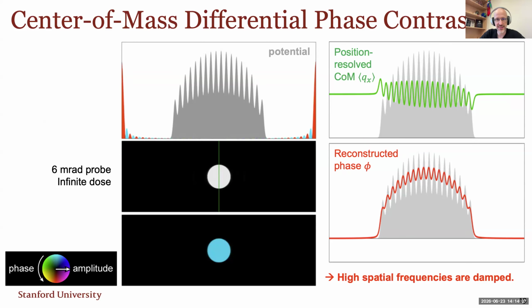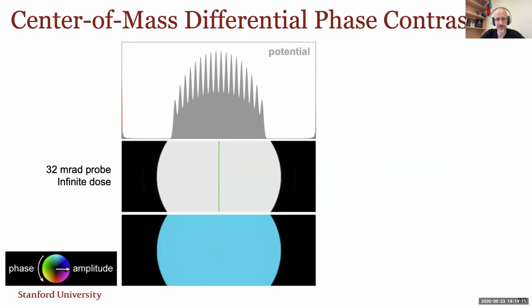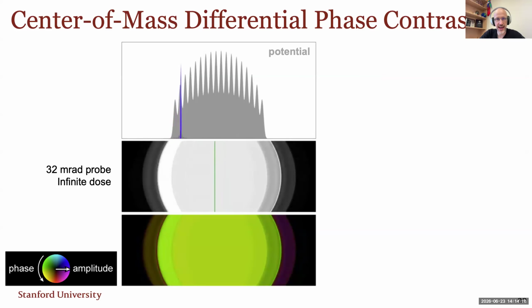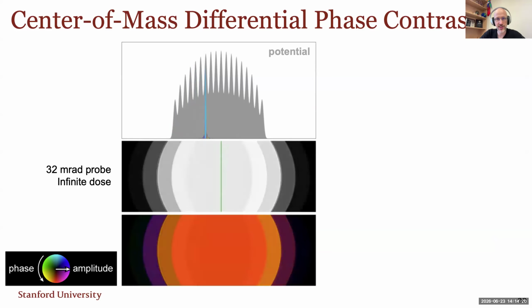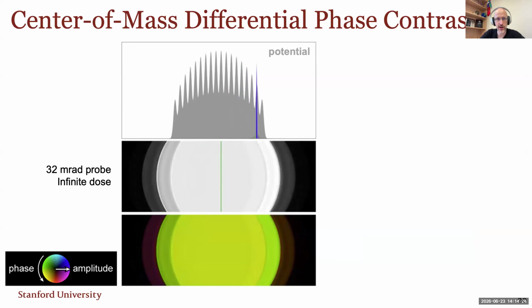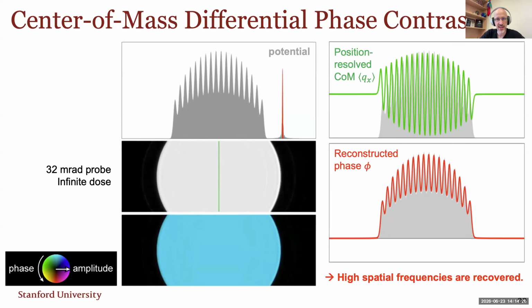Now, of course, it's damped because not all of the sections of our detector are participating in the constructive and destructive interference. So if I boost it to a super high convergence angle here, now the probe is much, much sharper than the atomic columns. The center of mass completely maps out the shift in momentum vectors. And if we reconstruct it, we recover the true sample structure here.